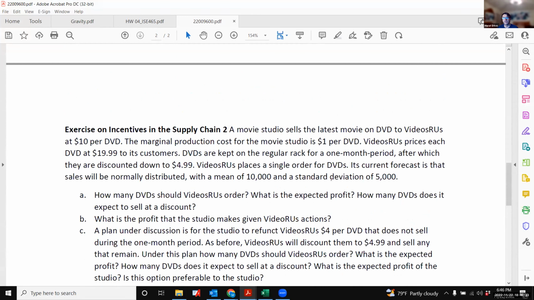A movie studio sells the latest movie on DVD to Videos R Us at $10 per DVD. The marginal production cost for the movie studio is $1 per DVD. Videos R Us prices each DVD at $19.99 to its customers. DVDs are kept on the regular rack for a 1-month period, after which they are discounted down to $4.99.